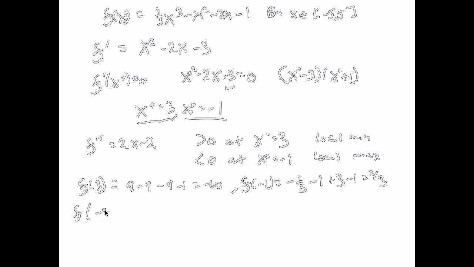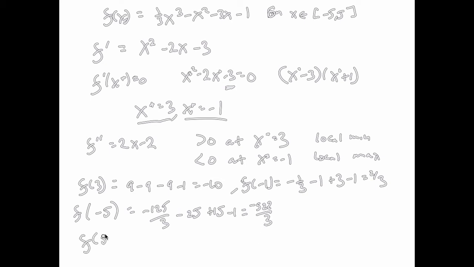So we do the endpoints, -5. That equals -125 over 3 minus 25 plus 15 minus 1 equals -522 over 3.